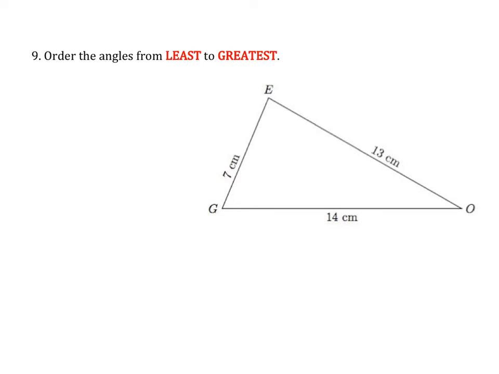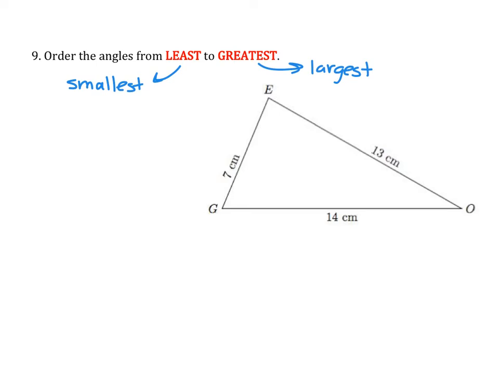Okay, so this problem we're asked to order the angles from least to greatest, and remember least means smallest, and greatest means largest or biggest. So remember, we can order our angles by looking at the opposite sides.